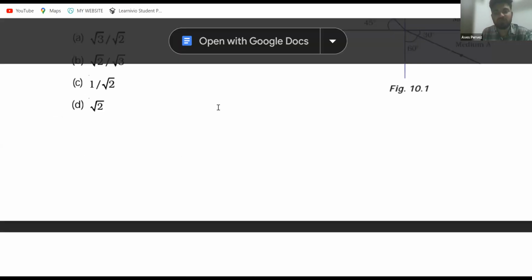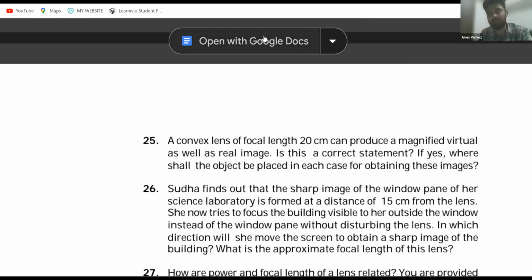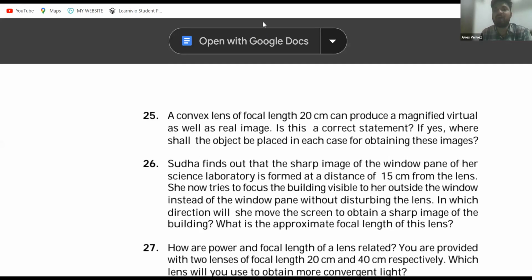So let's start solving the problems, and let's have some important points regarding this one. These are very important questions, and everyone needs to understand this thoroughly. Dear students, this is a very important book, and I want every student to practice this NCERT Exemplar for your board examinations. Every time you need to keep on studying.